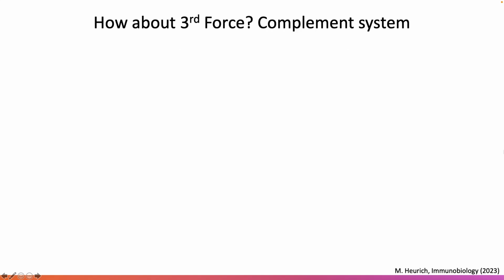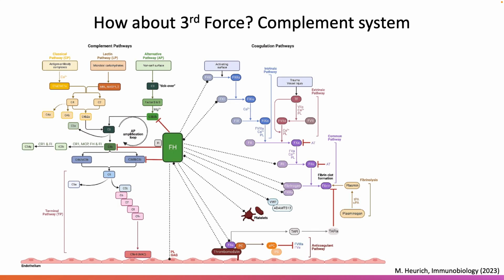How about the third force after knowing coagulation and fibrinolysis? So perhaps now there's increasing evidence showing that our complement pathway, be it the classical, lectin or even alternative pathway, indirectly contributes to and interlinks the coagulation pathway as well as the anticoagulation pathway and fibrinolysis.